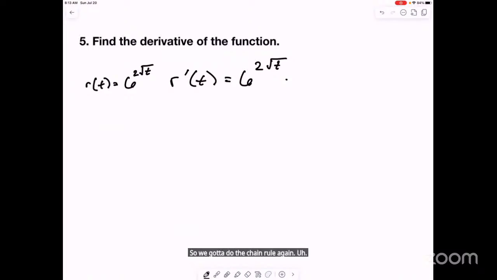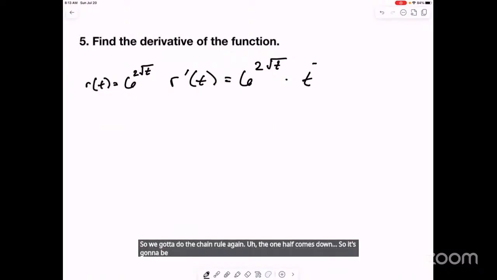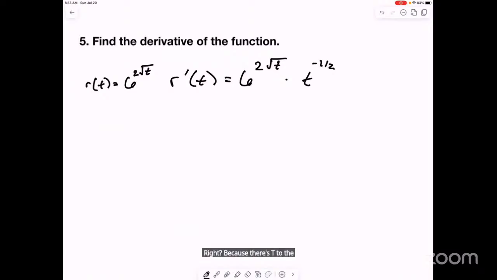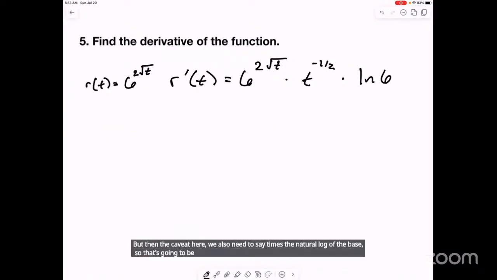The 1/2 comes down. So it's going to be t to the power of a negative 1/2, right? Because that's t to the 1/2. The 1/2 comes down and cancels out the 2. Then you got to say a half minus 1 gives us the negative 1/2. But then the caveat here, we also need to say times the natural log of the base. So that's going to be natural log of 6.